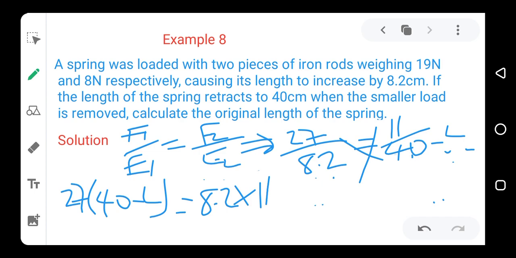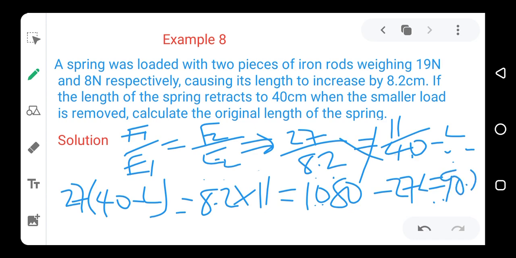This gives us 27 times 40, which is 1080, then minus 27L. And 8.2 times 11 gives us 90.2.